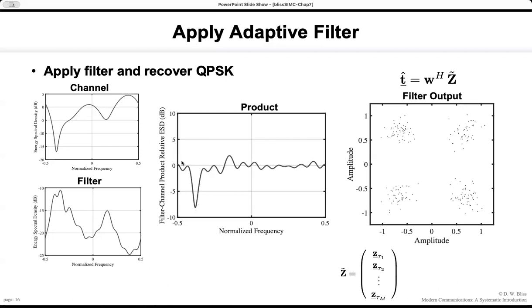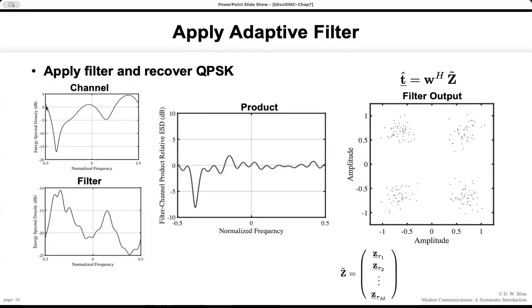And there's one little dip here. Now you might naively think that's the result of a failure, that the adaptive filter didn't fix the channel properly. However, that's actually not the right way to look at this.